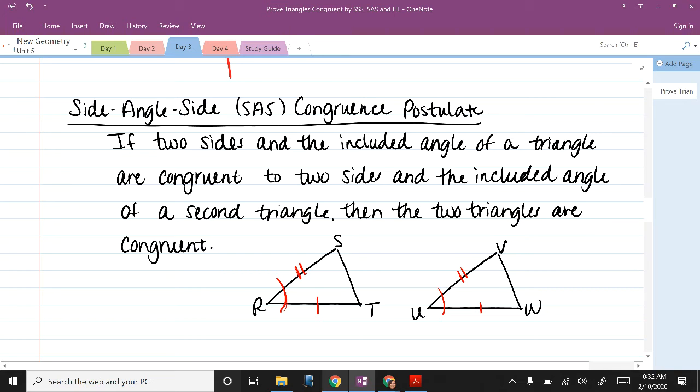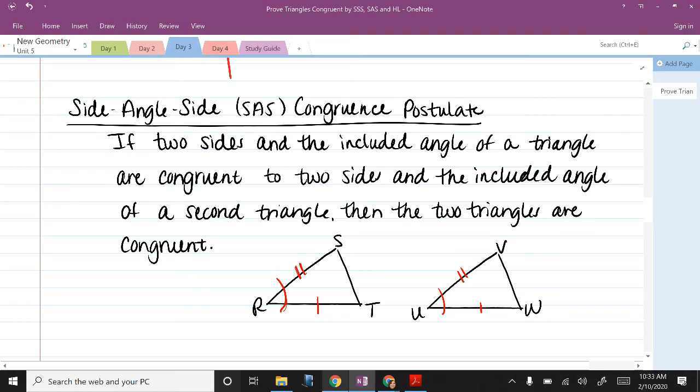Okay? The angle is between the two sides. It's like a sandwich. All right? So it says the two sides and the included angle. That means the one between them. Okay? If two sides and the included angle of one triangle are congruent to two sides and the included angle of the second triangle, then the two triangles are congruent. Okay? So if you look right here, these sides are congruent to each other because they have one tick mark. The angle is between the other sides that are congruent.